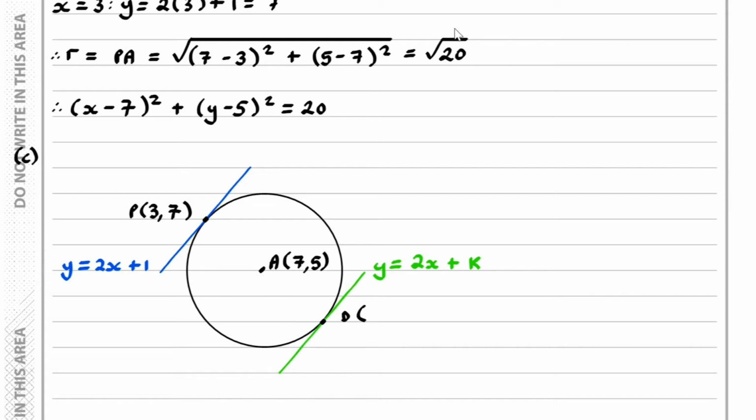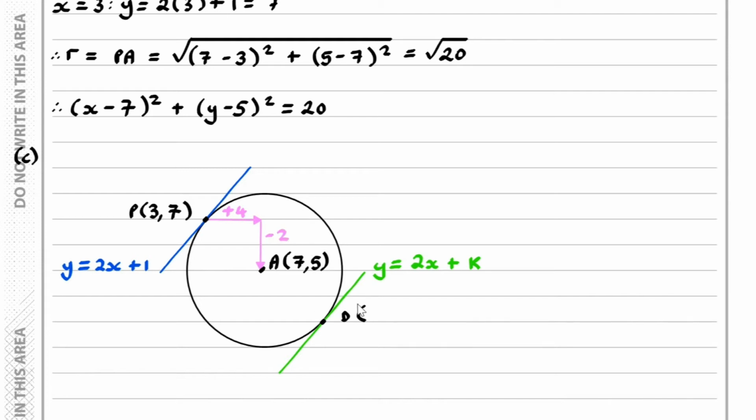Well, from the 3 to the 7, we add 4, and then from the 7 to the 5, we subtract 2.